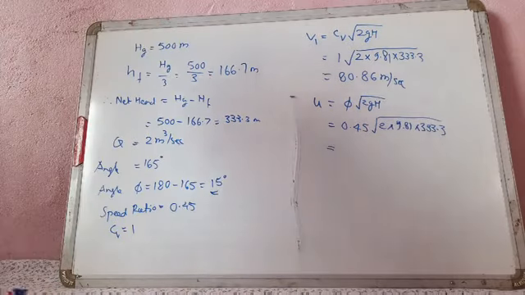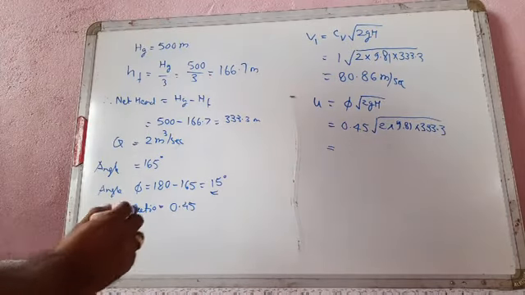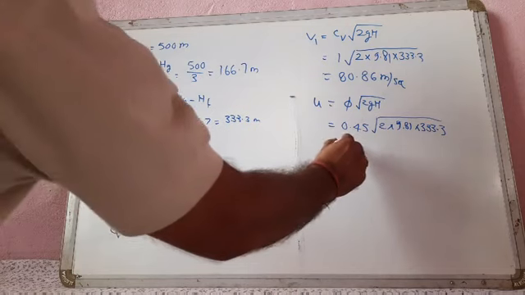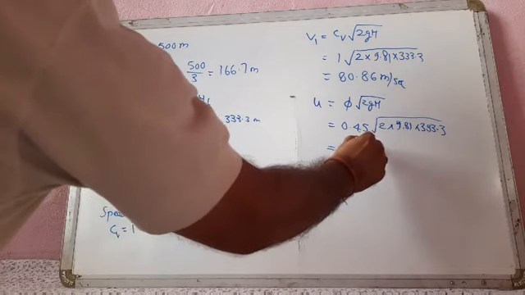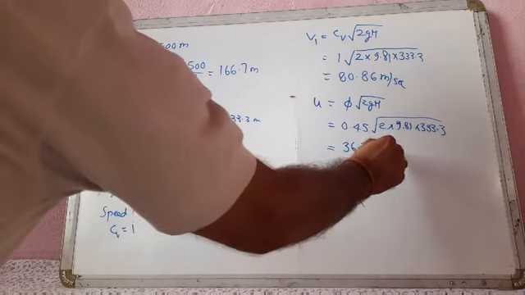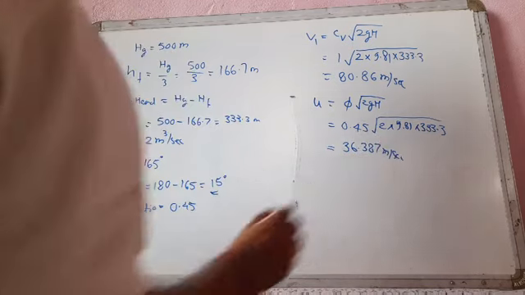This value of U comes 36.387 meter per second.